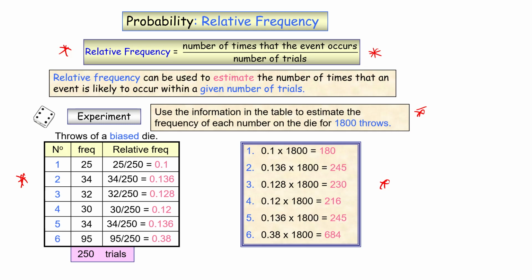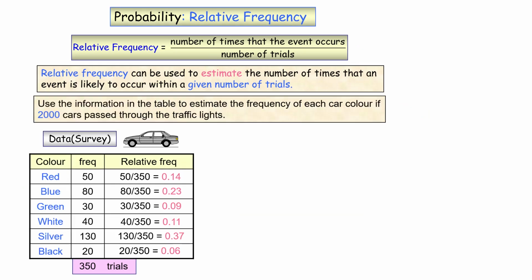One more example. Okay, so this is a similar situation here. We've got our data, which we looked at earlier, and we've got our relative frequency, which we work out by the number of times these cars occur out of the total number of cars. We're going to use this data to estimate the frequency of each car color if 2,000 cars pass.